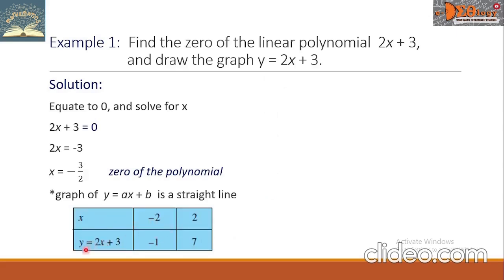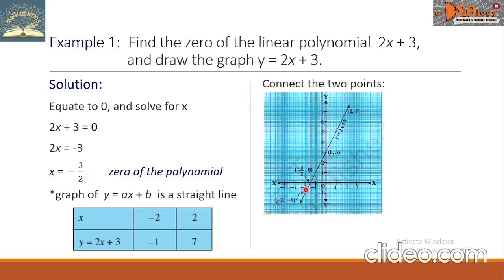The value of y will be negative 1. Suppose x is positive 2. The value of y is 7. We simply substitute the value of x respectively into our function, and then we will get the value of y. Let us plot the 2 points and connect these points.